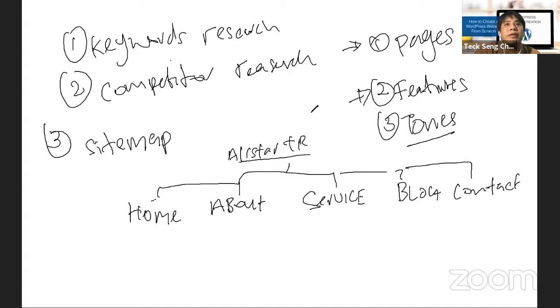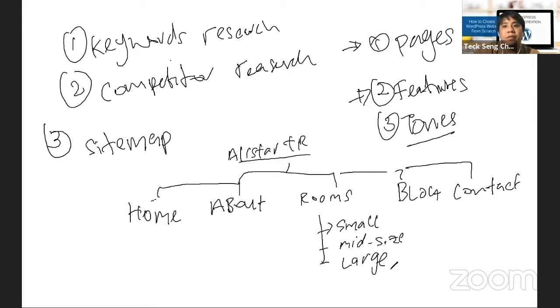Then from there, based on your competitor research and your keywords research, you expand it out. So for example, this time around, instead of service, we don't call it service, we call it rooms. So maybe we have a separate rooms page, with small rooms, mid-sized rooms, and large rooms.